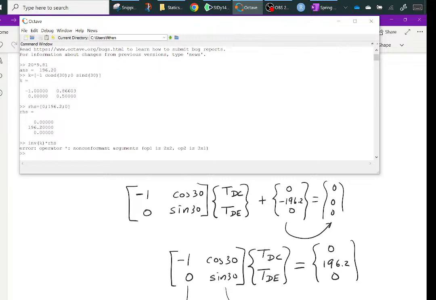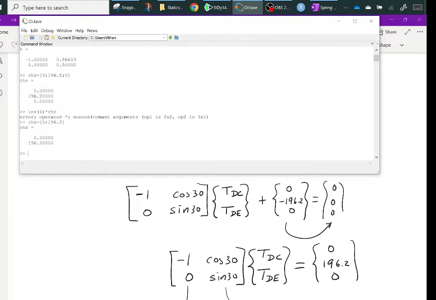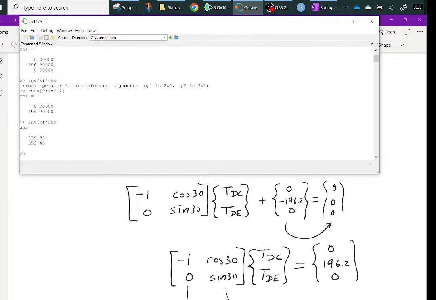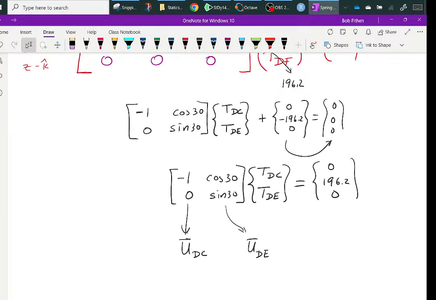I get, oops. Oh, it's non-conformal, so I have to get rid of the... okay. It doesn't like that. I'll show you why. It's my fault.